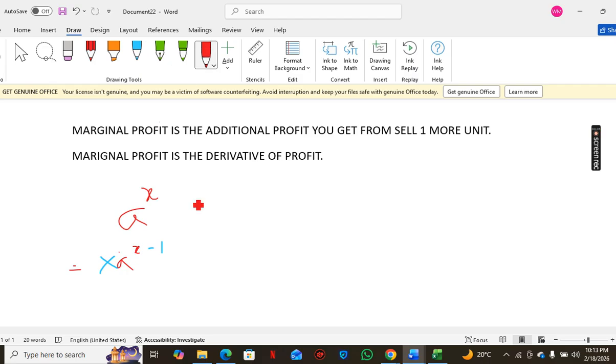This is the power rule for differentiation, and then this is the power rule for integration. So let me show you how these things are related.